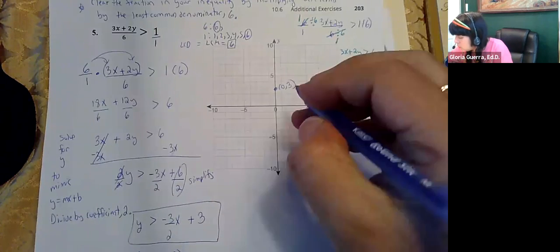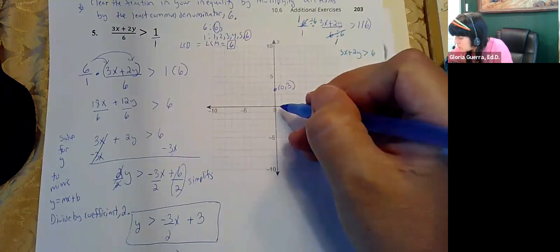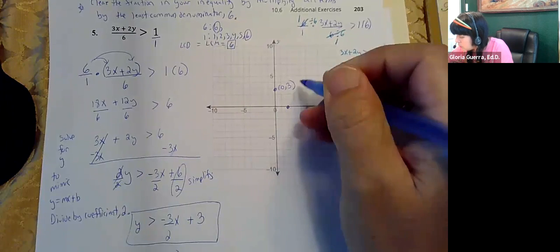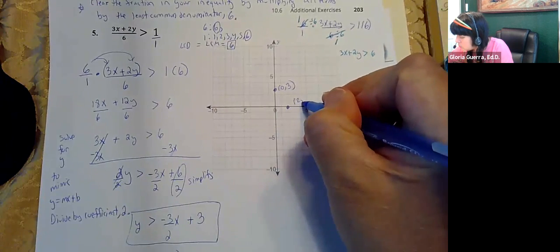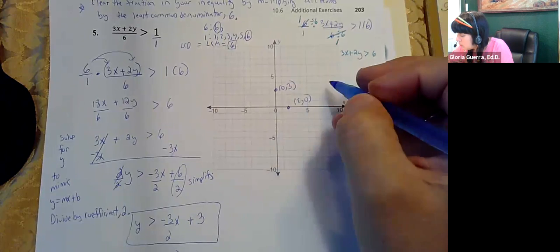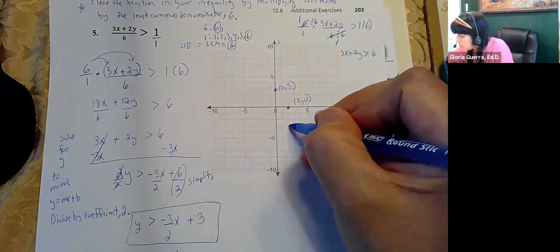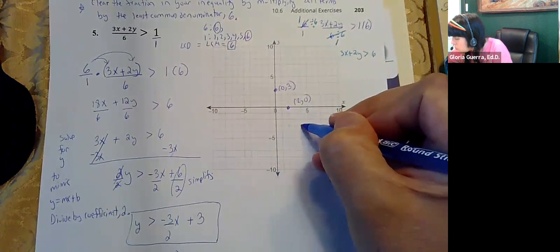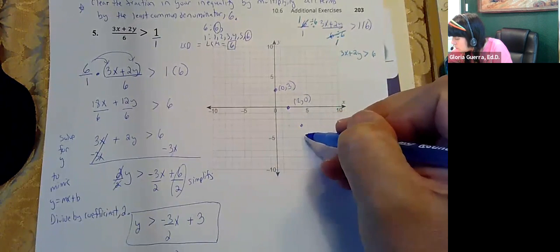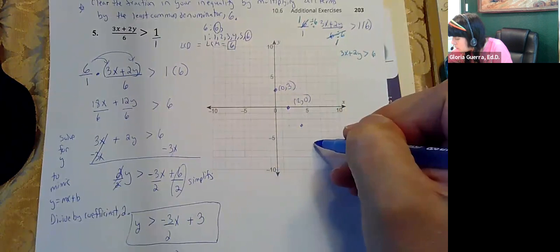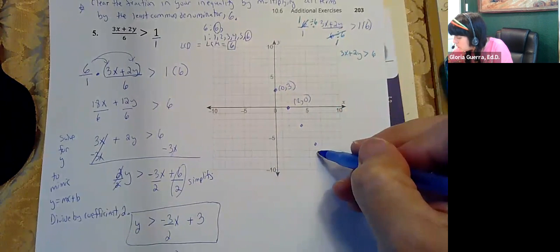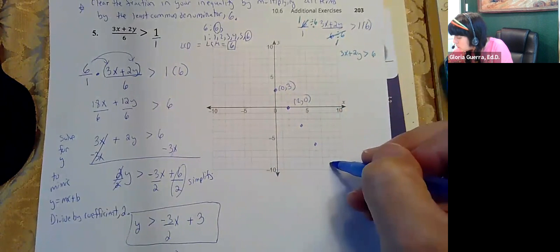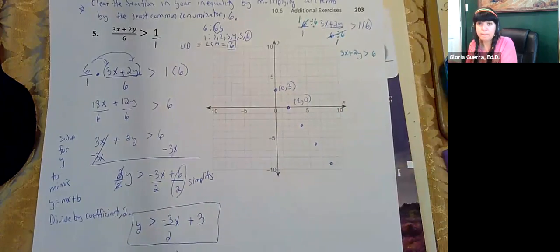So you go down 3, right 2. That looks like the point 2, 0. Then down 3, right 2, down 3, right 2, until you're out of grid.